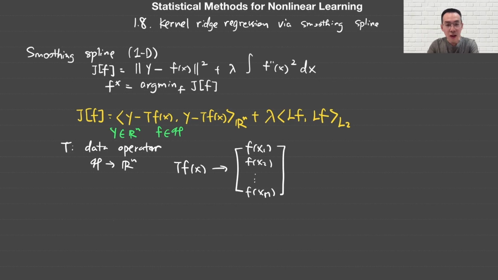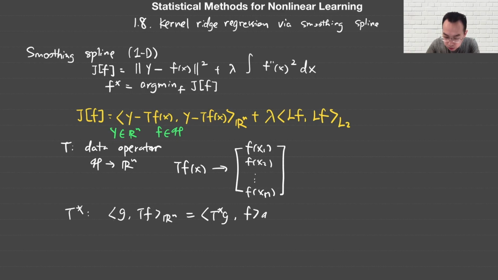Okay, now let's define the adjoint operator T star. So remember, we can define the T star in this way: the inner product between g and T acting on f in Rn equals T star acting on the function g, inner product with f.